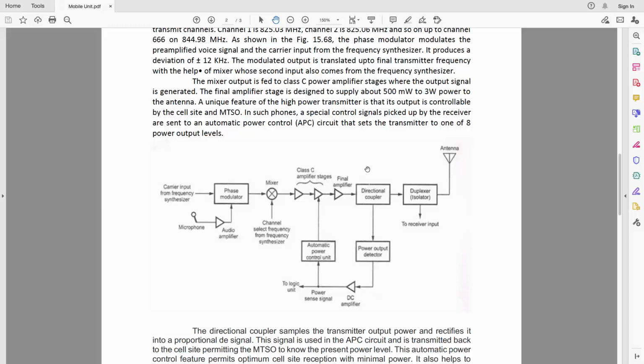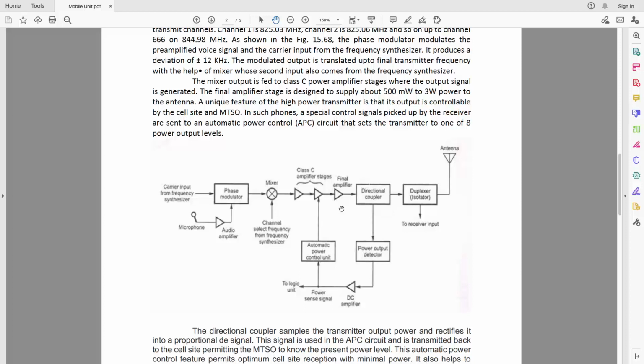We have seen there are different types of power amplifier, that are class A, class B, class C. We have seen that class C is the most efficient, the efficiency of a class C power amplifier is very high. So that's why here they are going to use class C amplifier stages.